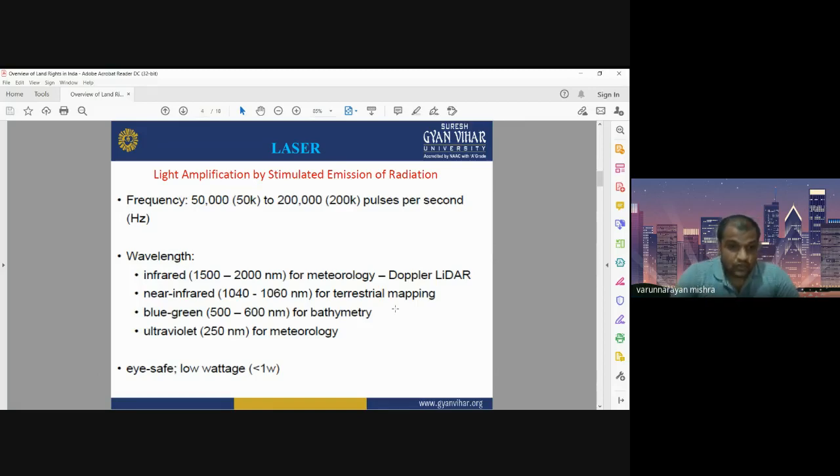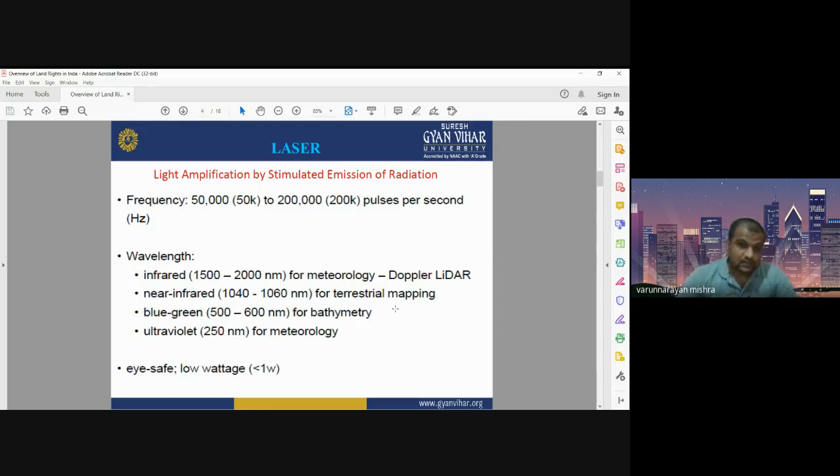Also, eye safety: laser is very dangerous for eyes. If you get direct contact with the laser, it may harm your eyes and your eyesight. So its intensity should be below 1 watt.